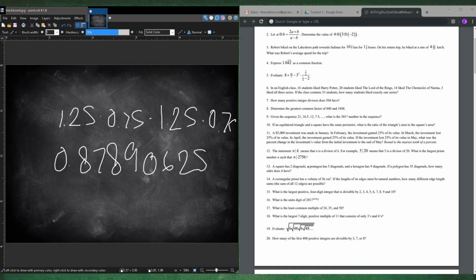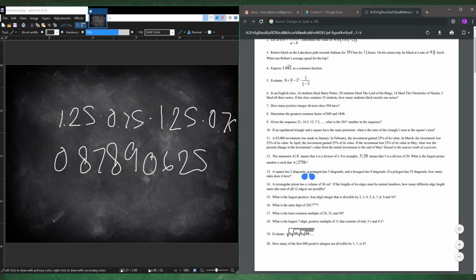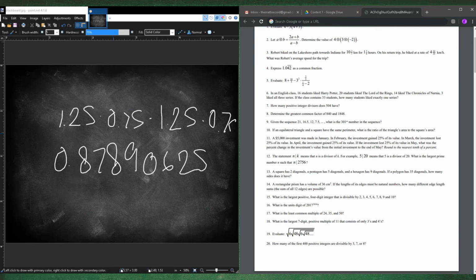So what was the percent change? The percent change is going to be negative, because it's less than 1. If it's greater than 1, it's going to be an increase. So you're going to say something percent decrease. So you use 1 subtracted by that number, and it says round to the nearest tenth of a percent.